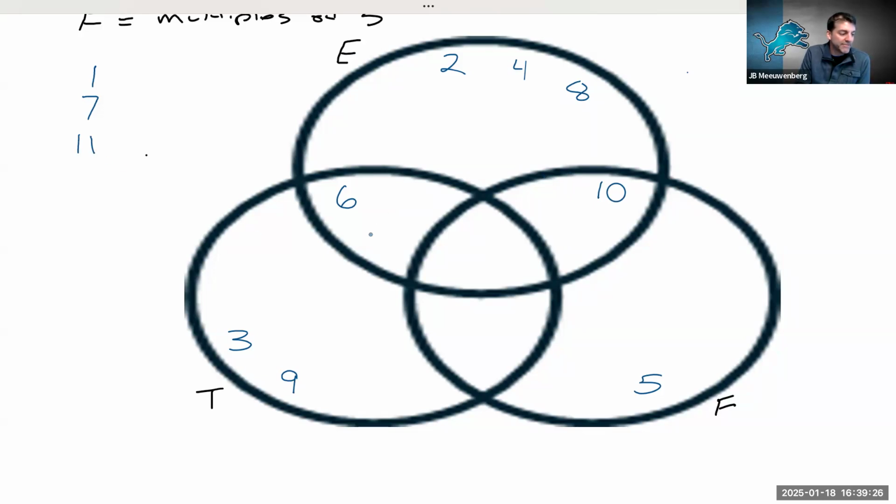12 is even and a multiple of 3. 13 is outside. 14 is even. 15 is a multiple of 5.